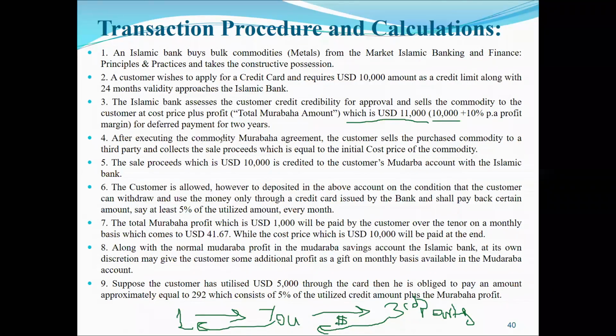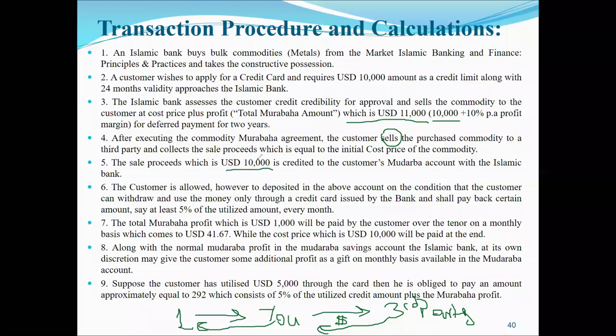After executing the commodity murabaha agreement, the customer resells the purchased commodity to a third party to get cash. The amount that he sells it for is about $10,000.